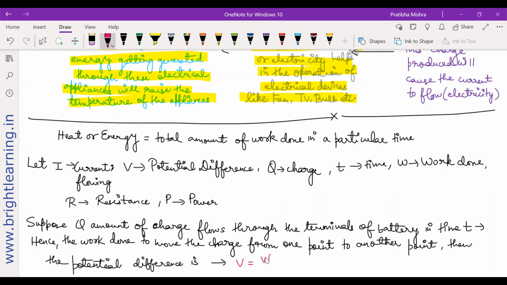Then what else will it be? It will be W by Q. It will not be W into Q, it will be W by Q. This will be the correct equation.